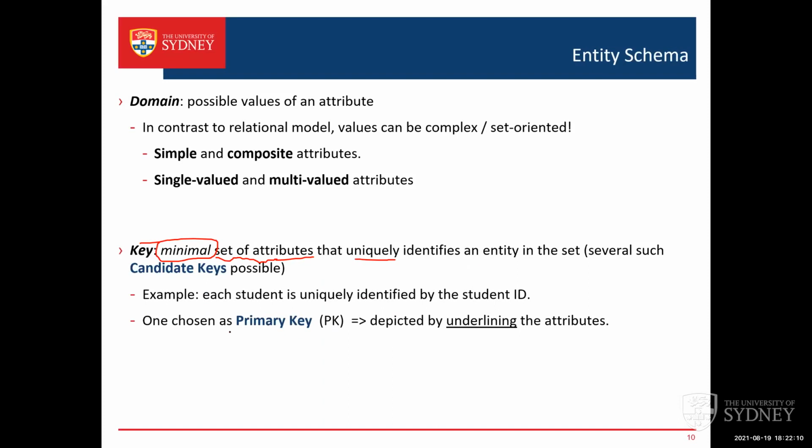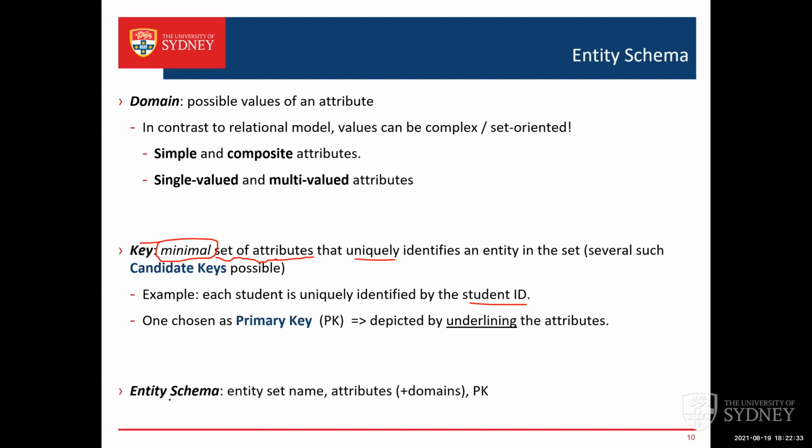So in here, let's say I am choosing primary key as a student ID. So if I choose student ID as the primary key, we will denote that one by underlining that attribute. So that's why we had an underlining in that product table. So primary key will be underlined in a table.